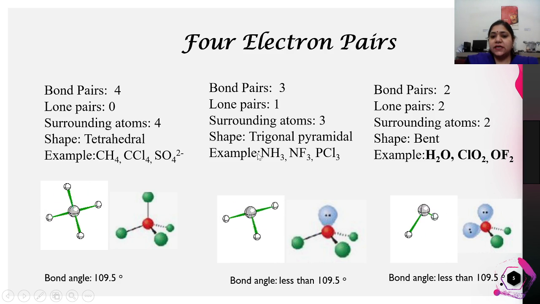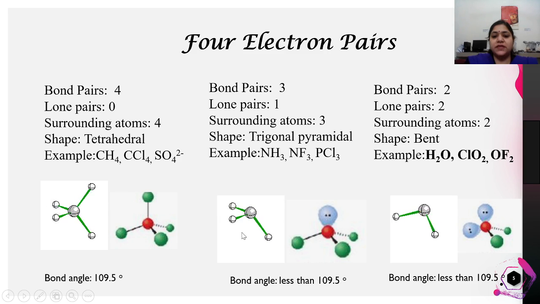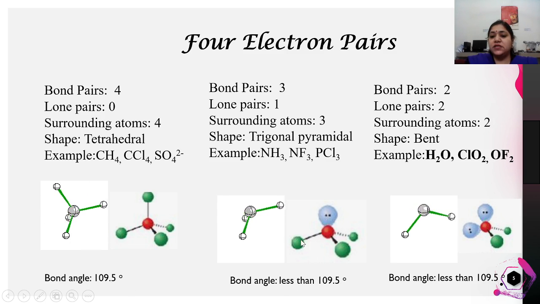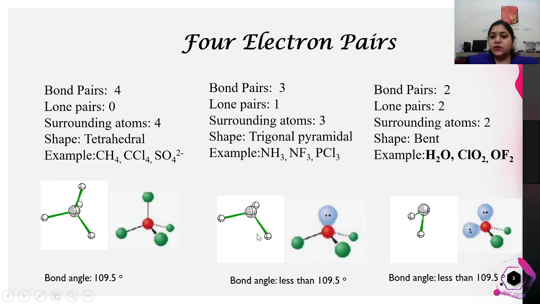So in this case, any one of these 4 bonds will be removed and replaced by a lone pair. In that case, the bond angle decreases from the regular geometry, and the reason is the same, that lone pair and bond pair repulsion is more, so obviously the angle between these three will decrease from 109 to some extent. Okay, so this is the trigonal pyramidal geometry.